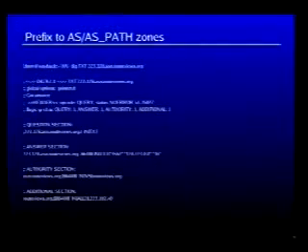And this is an example of the AS path or AS zones that we have. As you can see, Dave wrote these for me. It returns a text record for the reverse of a prefix.